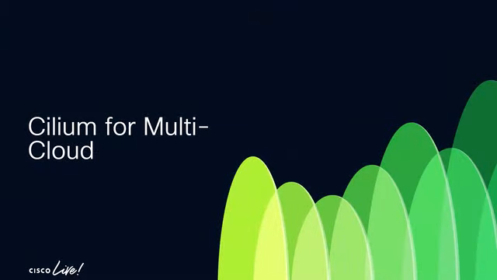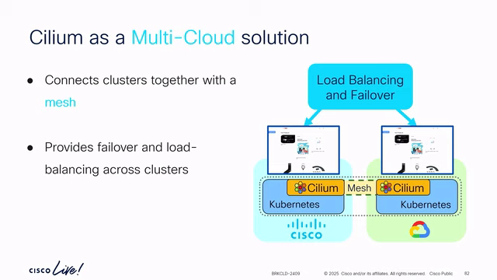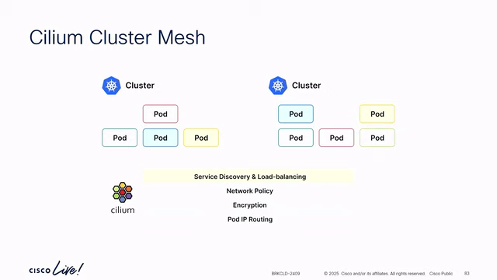So what Cilium can also do very well is bridge our Kubernetes clusters. So we can connect our clusters together with a mesh. We could have our application on top here, our Cisco shop. We could load balance or failover traffic to the application. And we can do that across Cisco data center, Google Cloud, or Amazon, or any of the hyperscalers that can support Cilium.